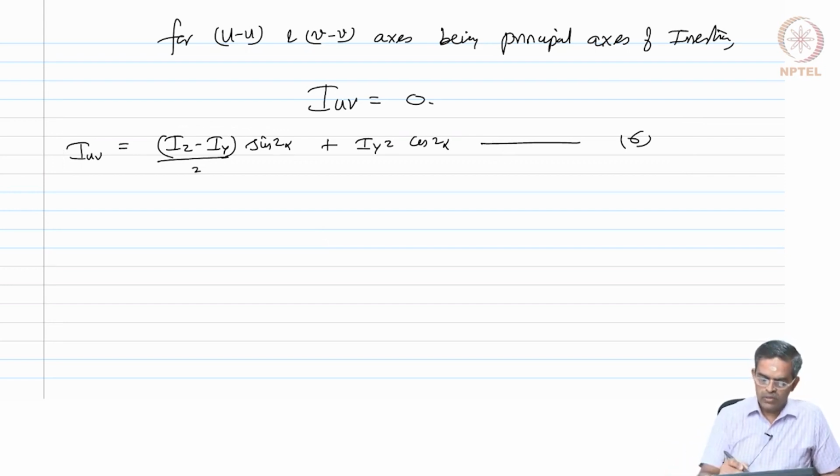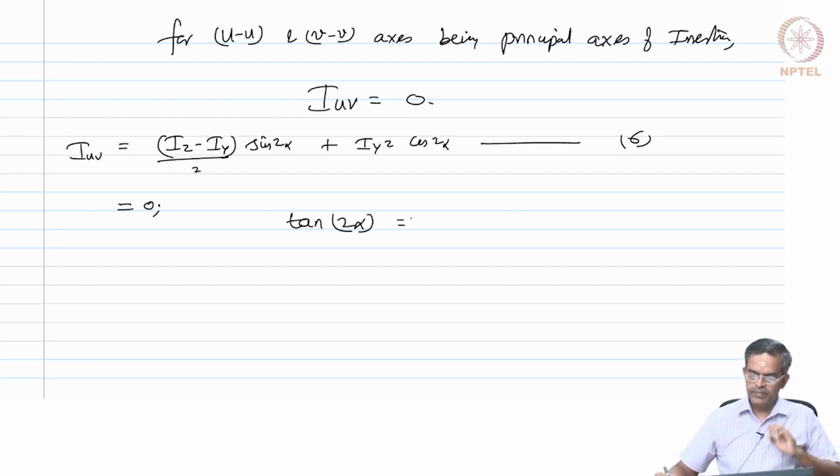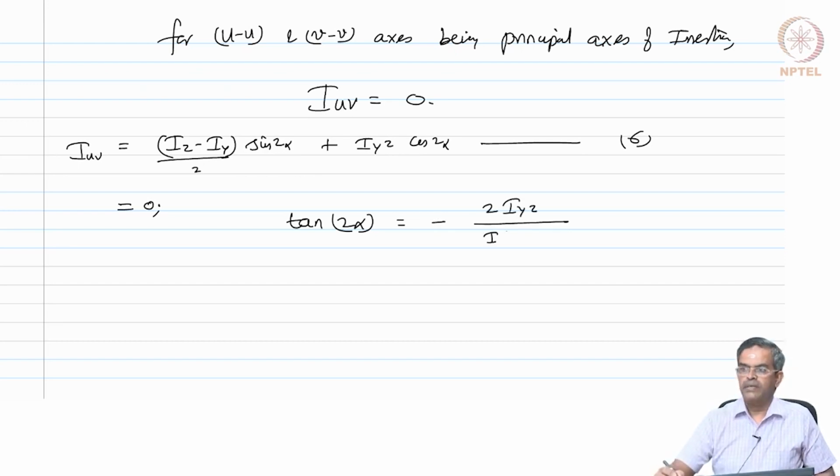So, if we equate this to 0, okay, I will get tan 2 alpha is minus twice Iyz by (Iz minus Iy), am I right?